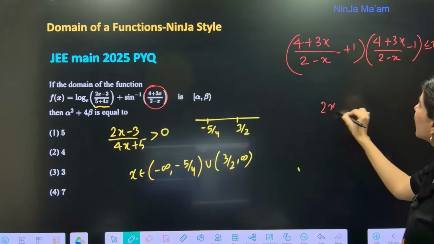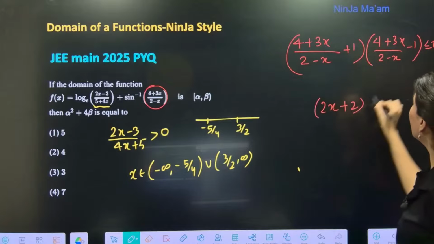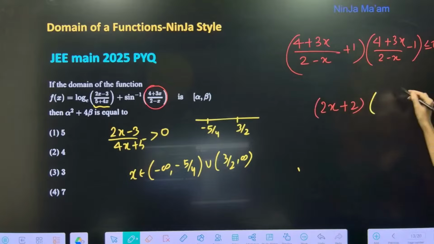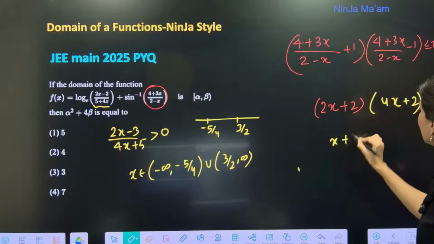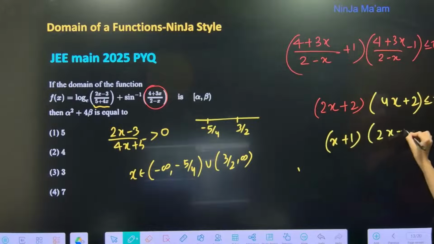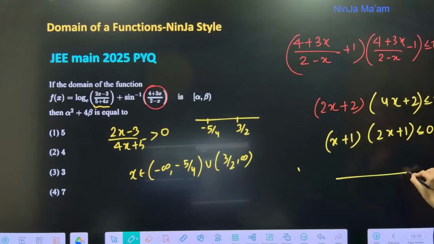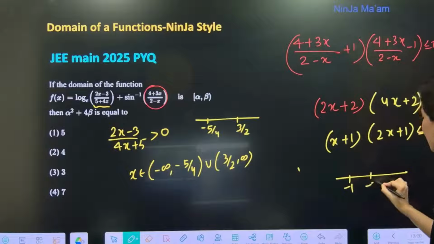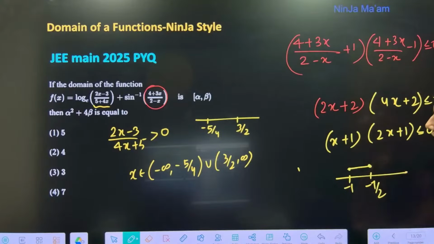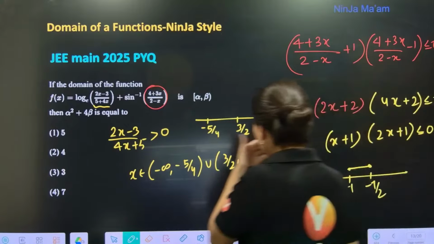So 2x plus 2, and over here it will be 4x minus x plus 2, less than or equals to 0. So x plus 1, 2x plus 1 less than or equals to 0. Make sure x is not 2. So it is minus 1 and minus half. So 2 is already out of the equation. So this is your answer, correct? Minus 1 to minus half.